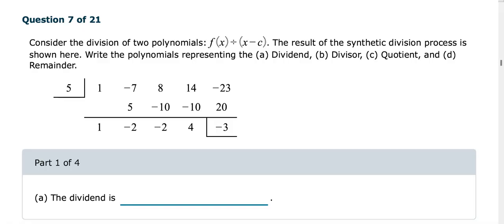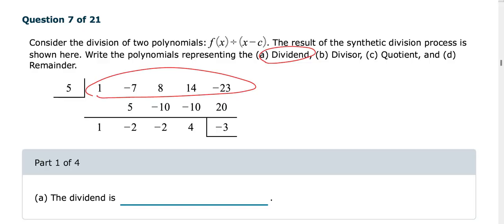All right. Dividend is represented by that polynomial. How do we write that out? That's the constant. We're going to put an x squared, an x cubed, and an x to the 4th.